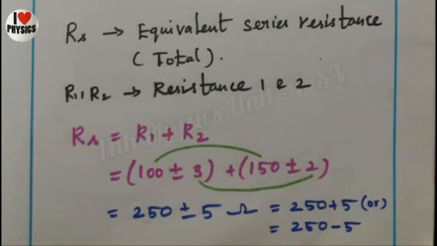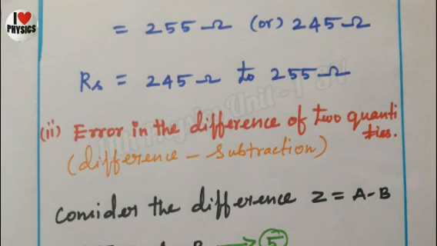The unit of resistance is ohm. Its value is 250 plus 5 or 250 minus 5, that is 255 or 245. The equivalent series resistance RS is approximately 245 to 255 ohm.